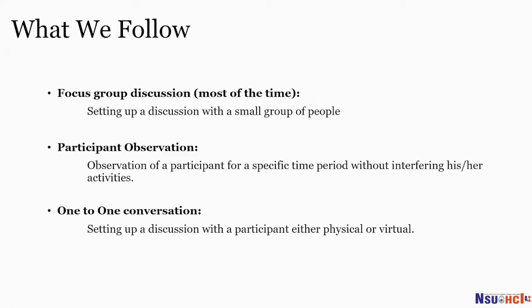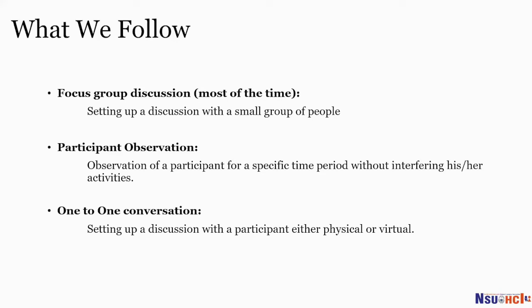What is a focus group? A focus group is a conversation among a small group or a large group of participants. And participant observation means observing a participant or a group of participants without interfering in their activities. So I have to sit silently with them. That is participant observation.